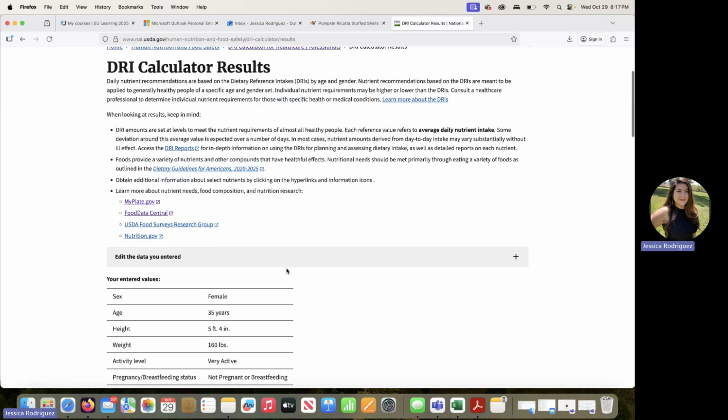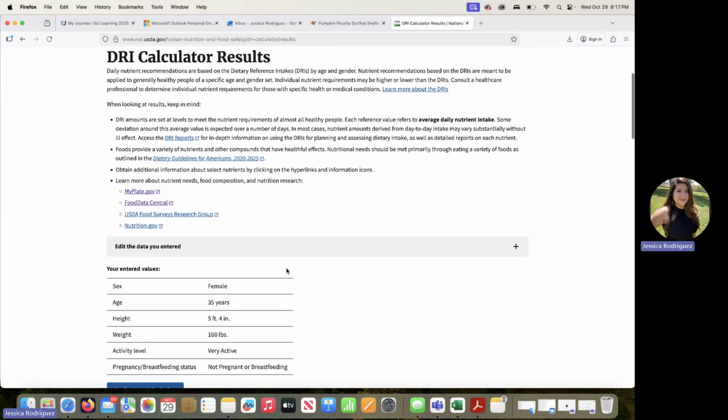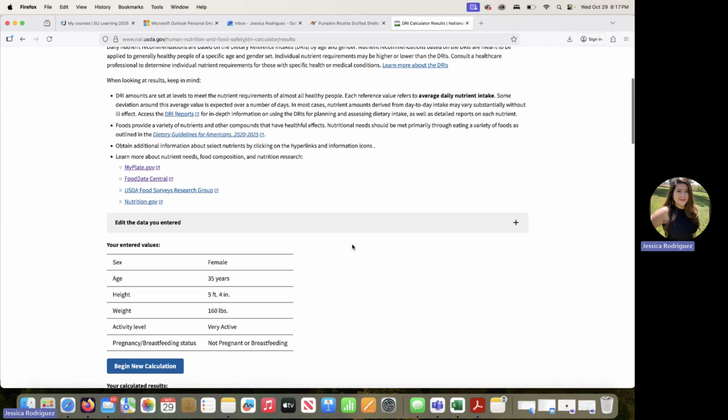Okay, so here we are. We're going down. This is the results. Okay. The DRI amounts are set at levels to meet the nutrient requirement for almost all healthy people. Okay. Each reference value refers to an average daily nutrient intake.